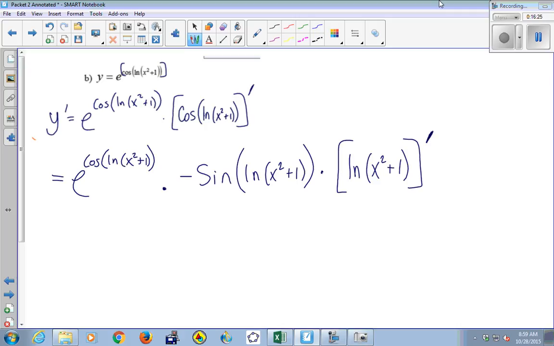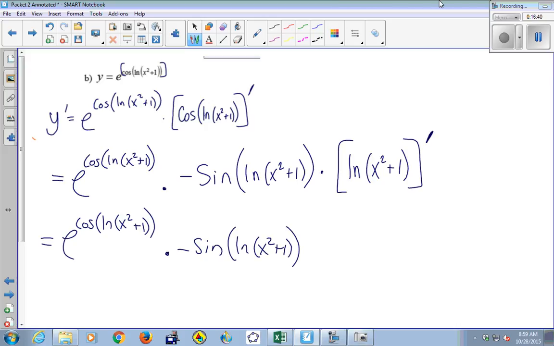All right, in my next line, copy the stuff I've already done. Times negative sine times the ln of x squared plus 1 times, okay.